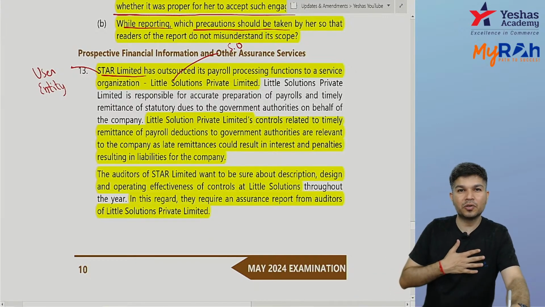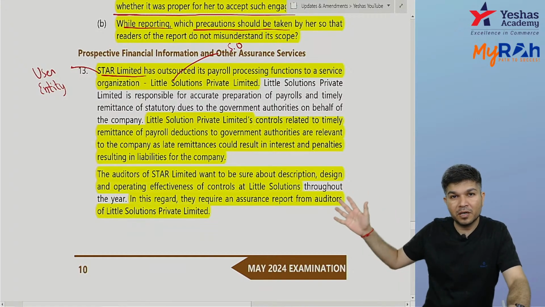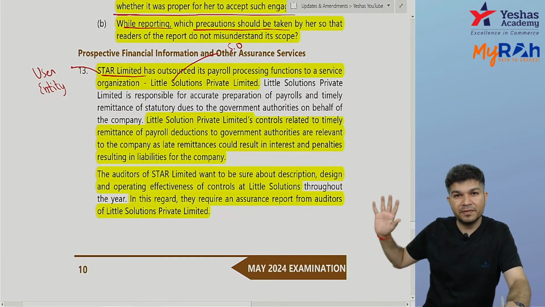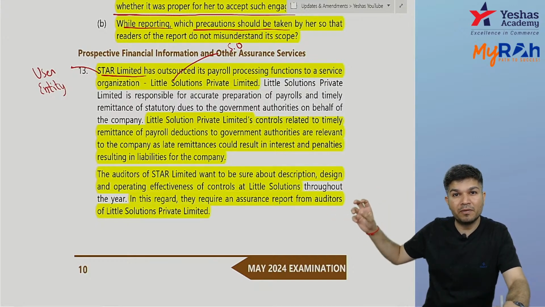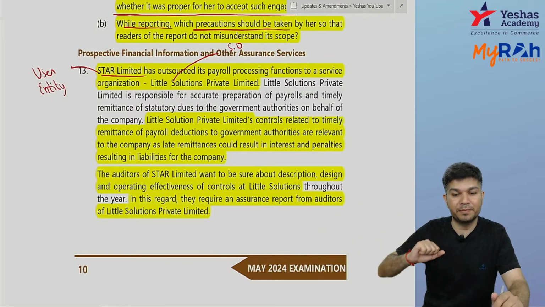So I need to ensure that the service organization has proper internal control, because if they don't do payroll calculations properly, or don't make payment of the statutory deductions to government properly, the late fine, interest and penalty will be on Star Limited.